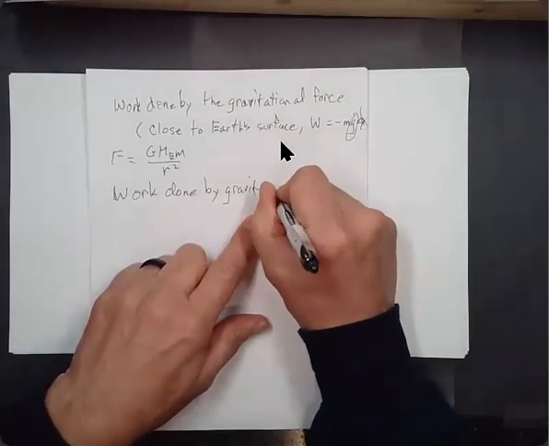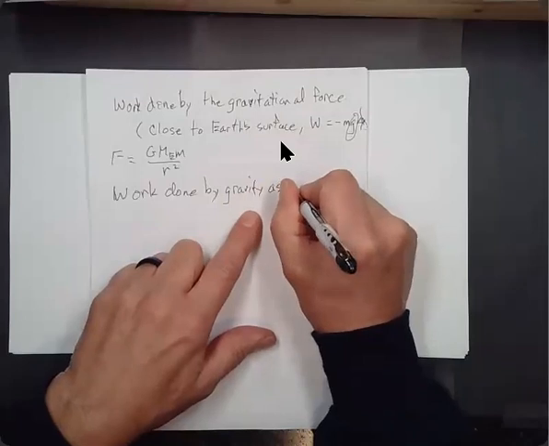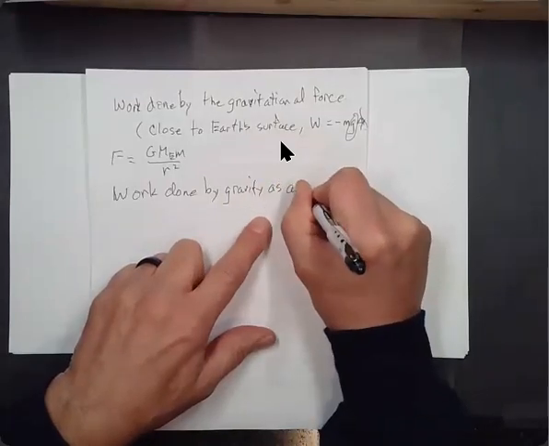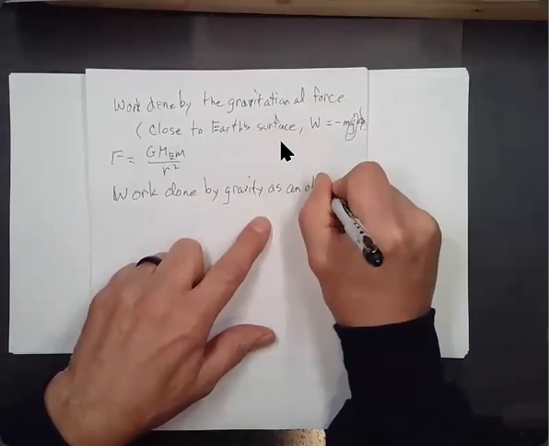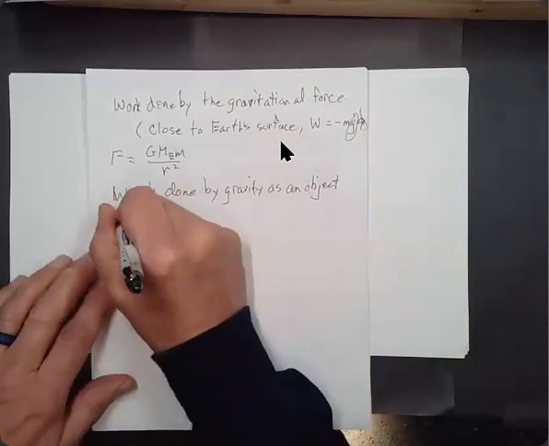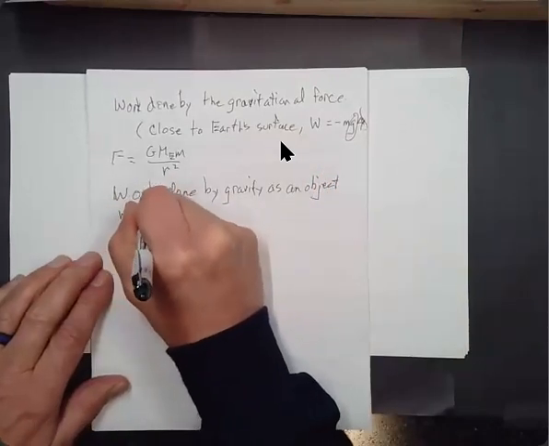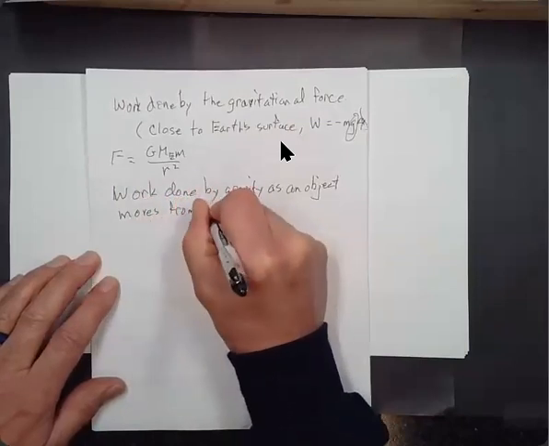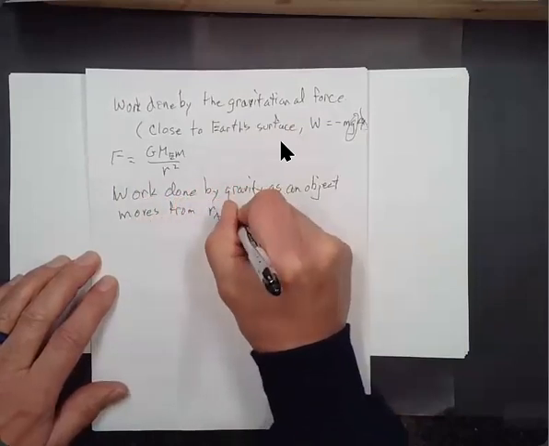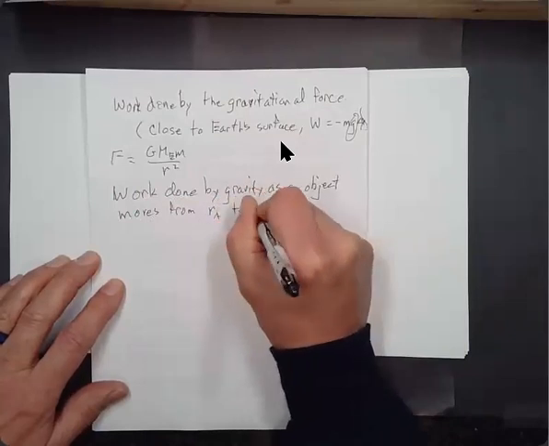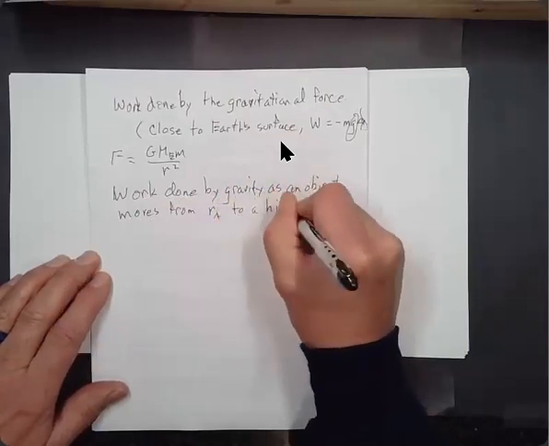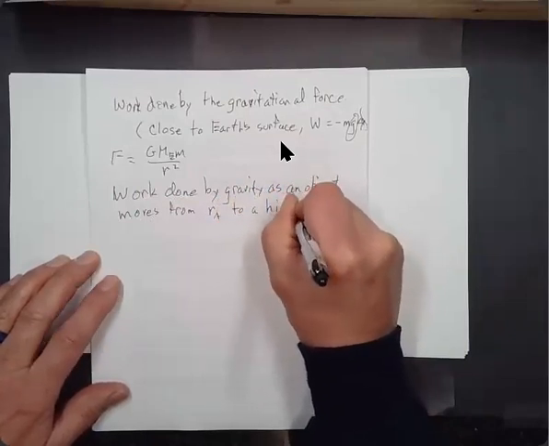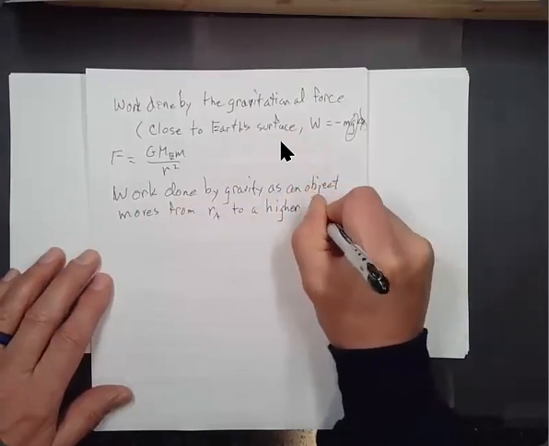So anyway, work done by gravity as an object moves from R sub A to a higher R sub B.